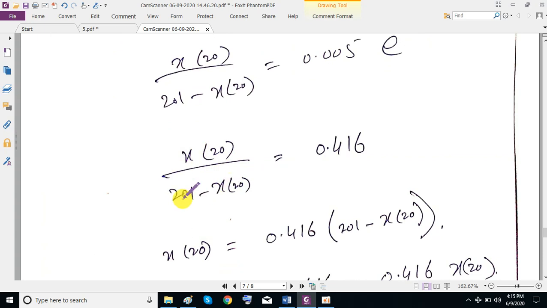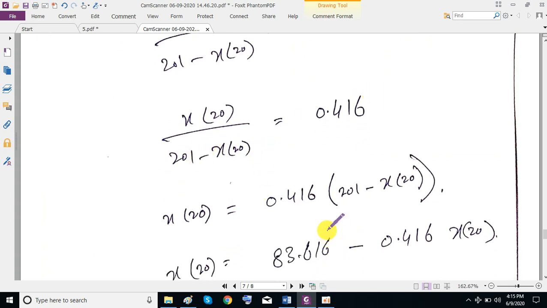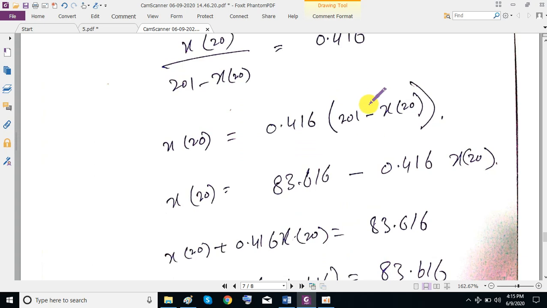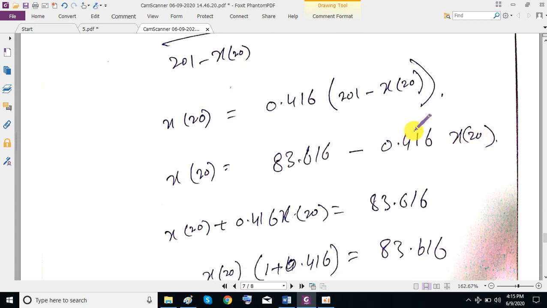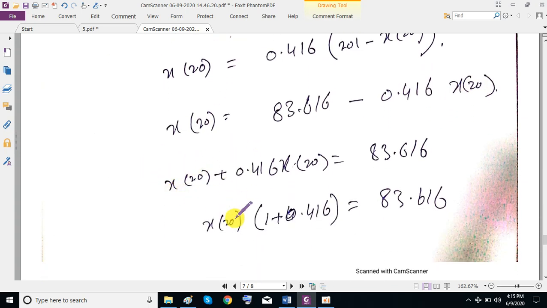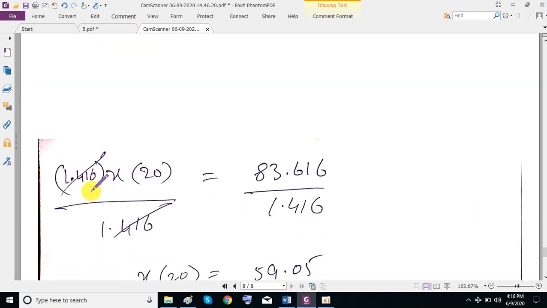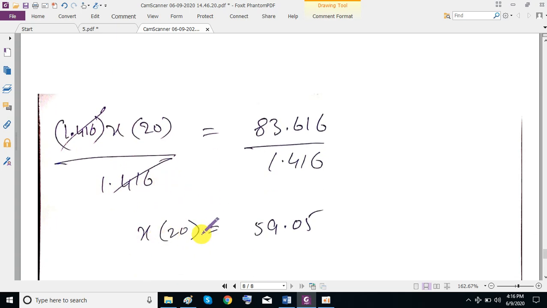Multiplying both sides, or shifting this to the other side, it comes like this. I have multiplied 201 by this, so we get 83.616, and if we multiply 0.416 into this, we get 0.416 into x of 20. Shift this to this side, we get x of 20, adding both, so we get 1.416 into x of 20. Now divide both sides by 1.416, we get x of 20 is equal to 59.05.